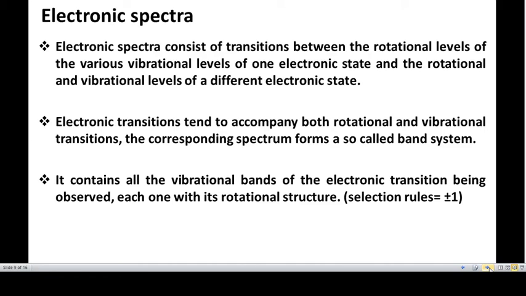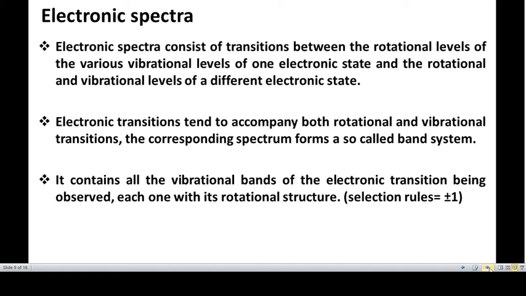Now coming to the electronic spectra. Electronic spectra consist of transitions between rotational levels of various vibrational levels of one electronic state to the rotational and vibrational levels of a different electronic state. It is not like rotational spectra.